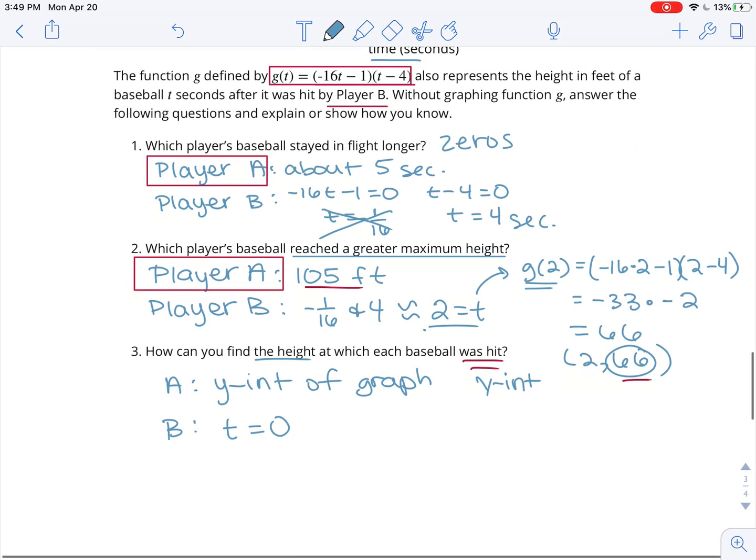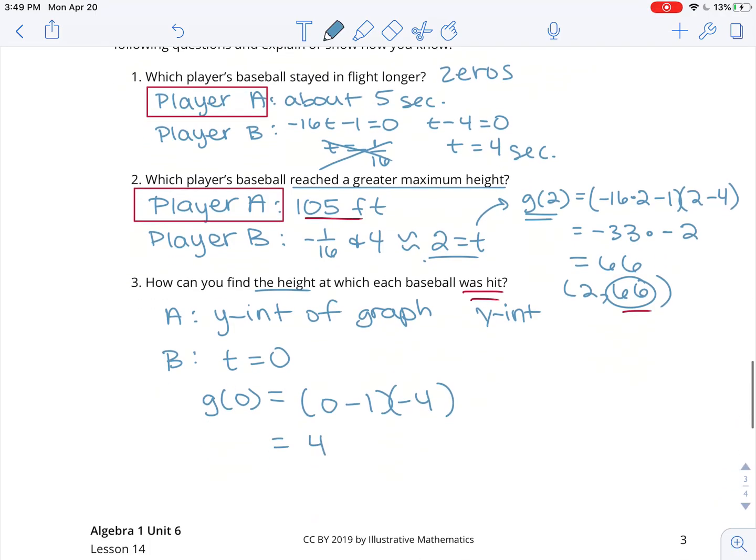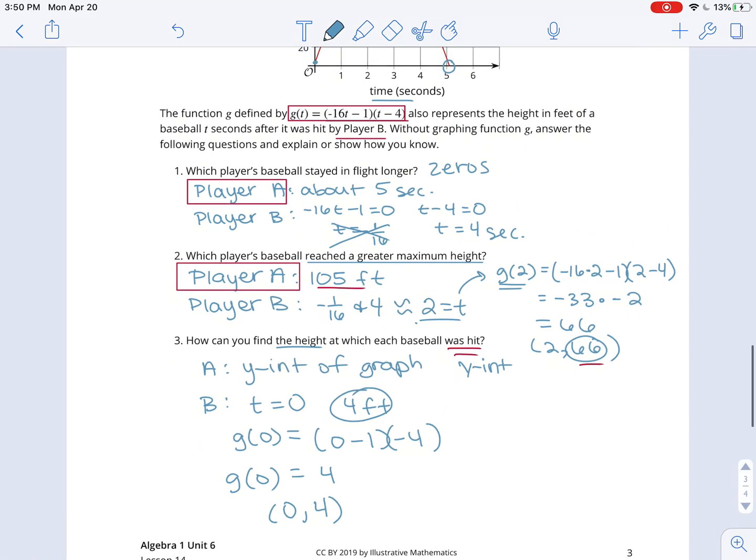So when t equals 0, g of 0 would equal negative 16 times 0, which is 0, minus 1 times 0 minus 4, which would be negative 4, and we would get that g of 0 equals 4, so my y-intercept would be at (0, 4). So the height at which the baseball was hit for player B would be 4 feet.